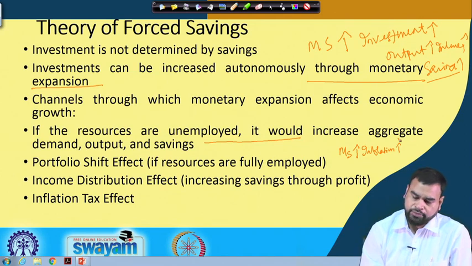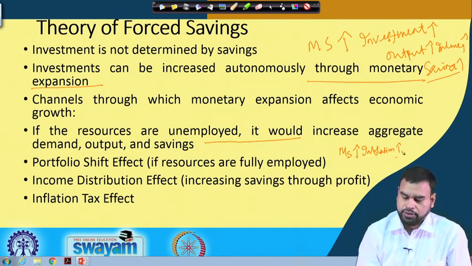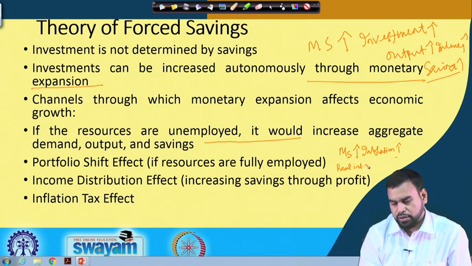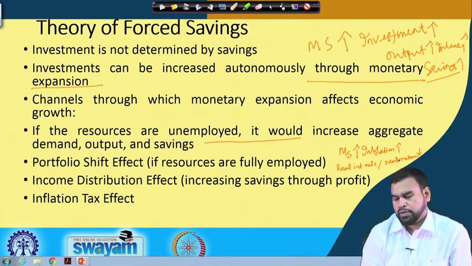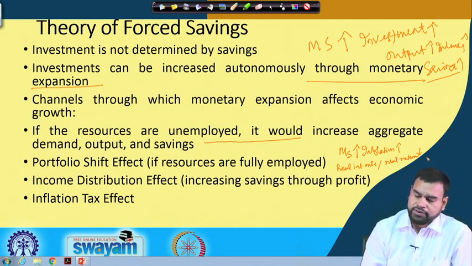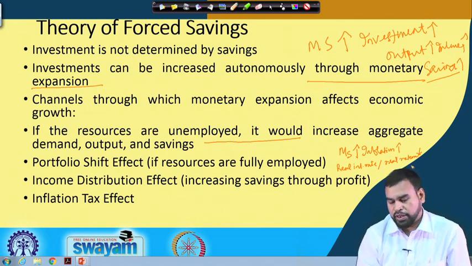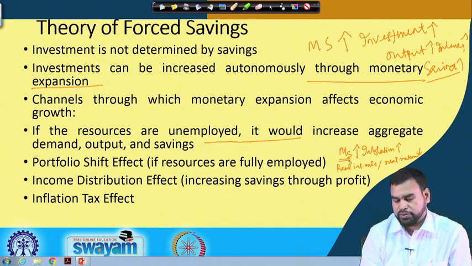If it creates inflation, then what will happen? The real interest rate, or real return from the financial sector, will go down. But people have money, because money is available in the system.